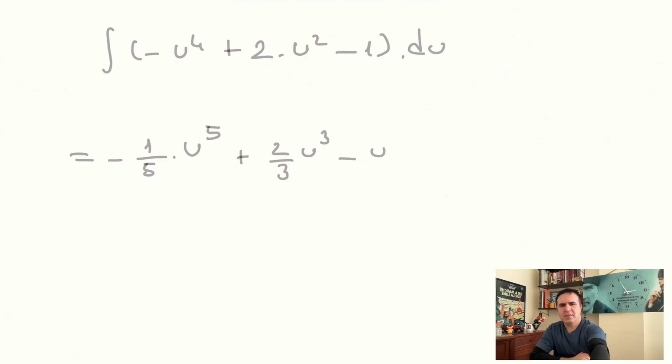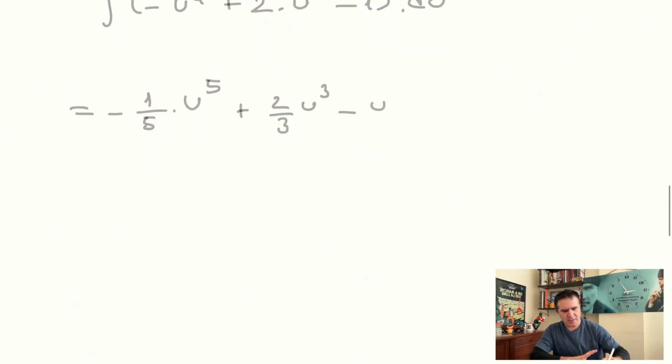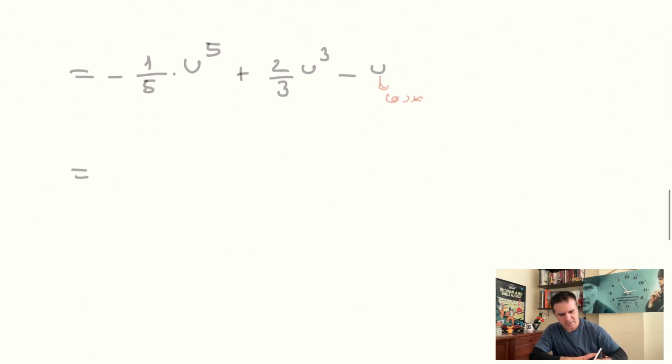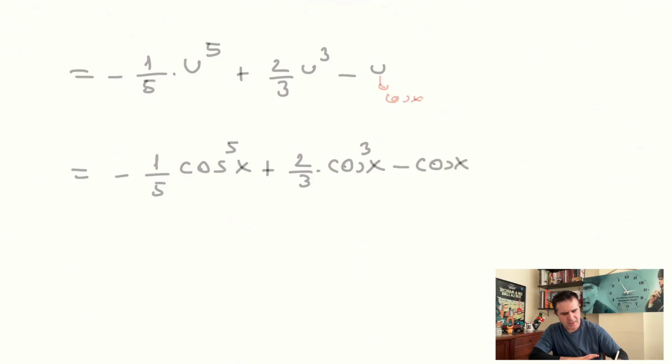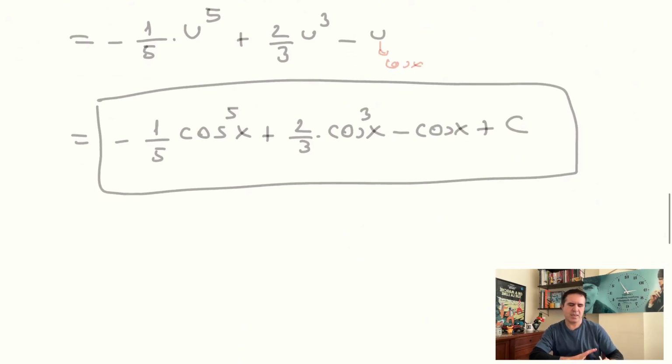And since firstly we said u equals cosine x, here we will write cosine x instead of u again, and the integral solution will become minus 1 over 5 times cosine to the power of 5x plus 2 over 3 times cosine to the power of 3x minus cosine x, plus the constant c.